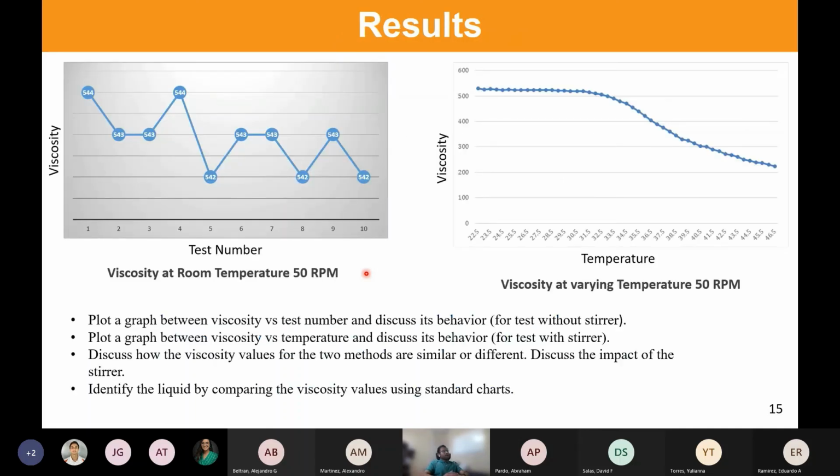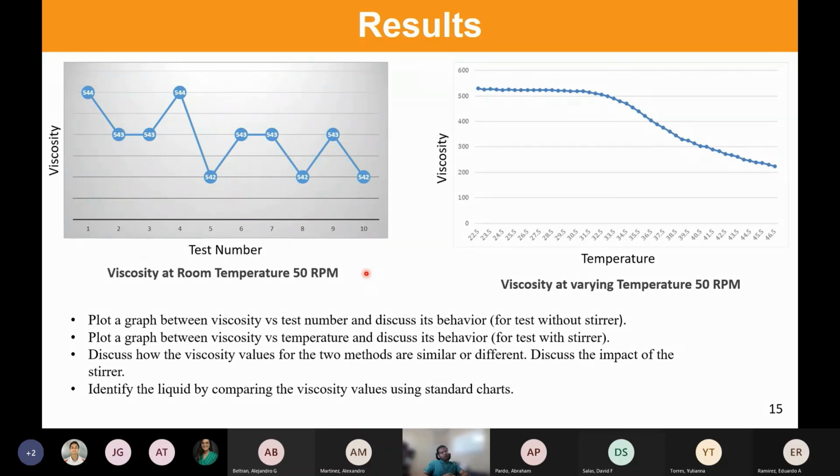Okay. Now, what I'm asking for from your report: a few tables, definitely. The first one, you need to plot a graph between viscosity and the test number and discuss its behavior, meaning you may find results for different liquids in the data pool.